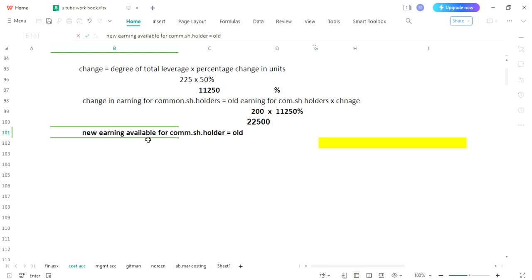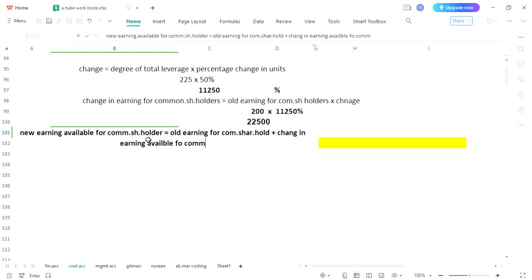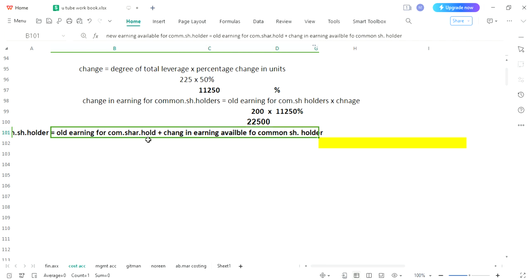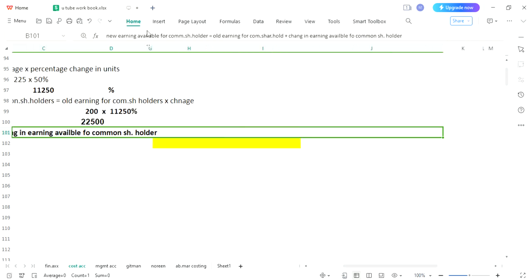Old earning for common shareholder, and you will add change in earning available for common shareholder. It's not a formula, it's just for you to understand what we are going to do.